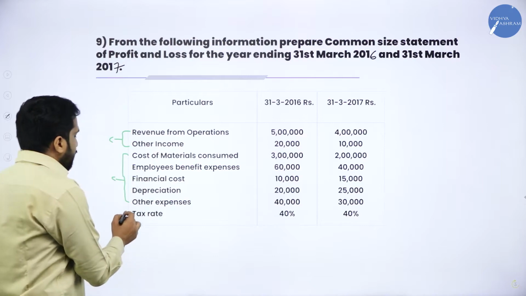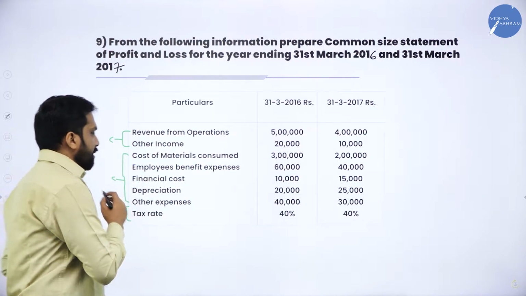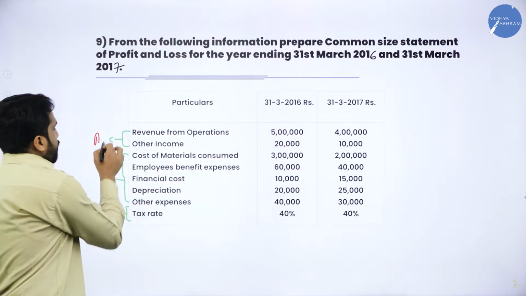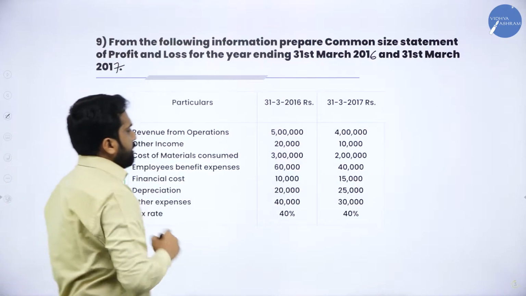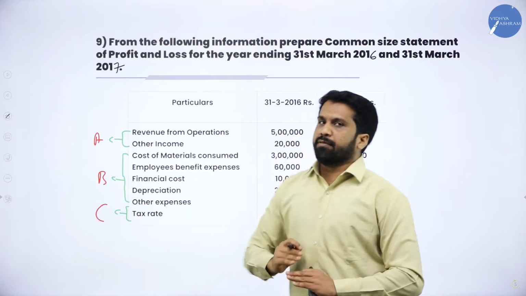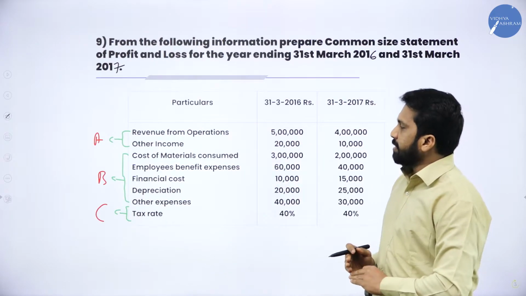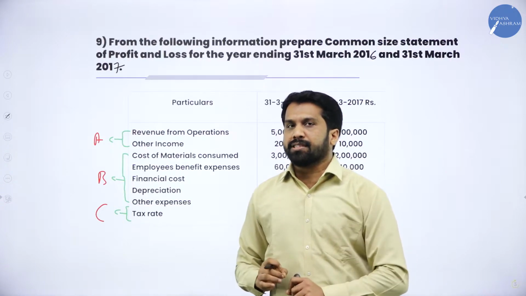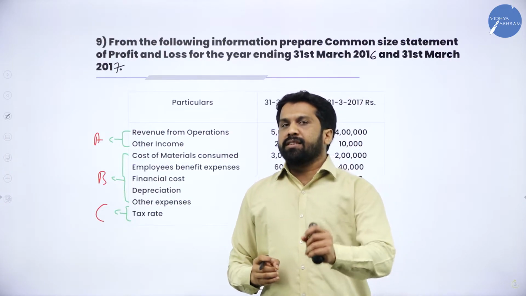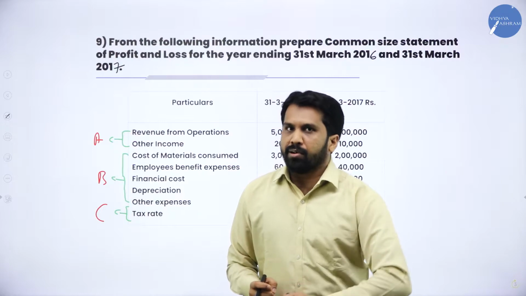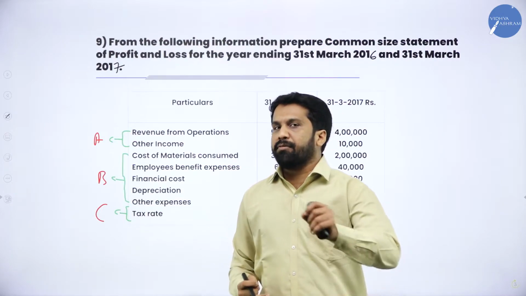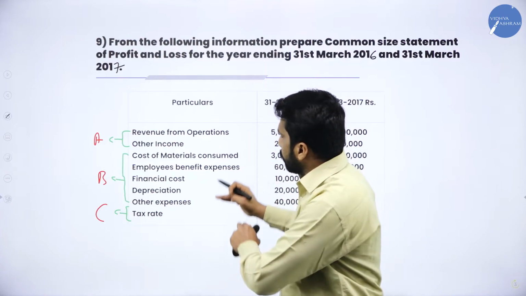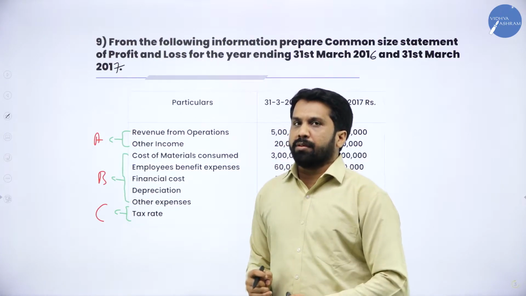The last one, taxation, is your stage 3, C. This is your stage A, B and C. We have all the information. In the previous session, we discussed each and every concept as well as the format. Please go back to the previous session and watch that. You will understand how to solve this problem.